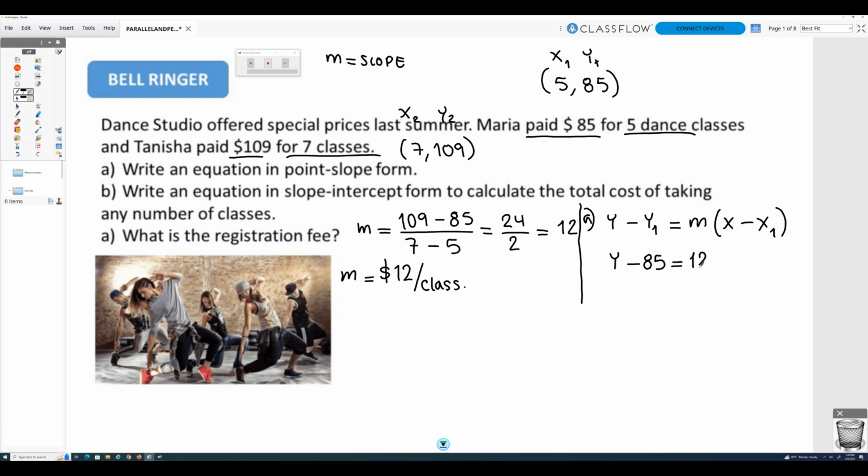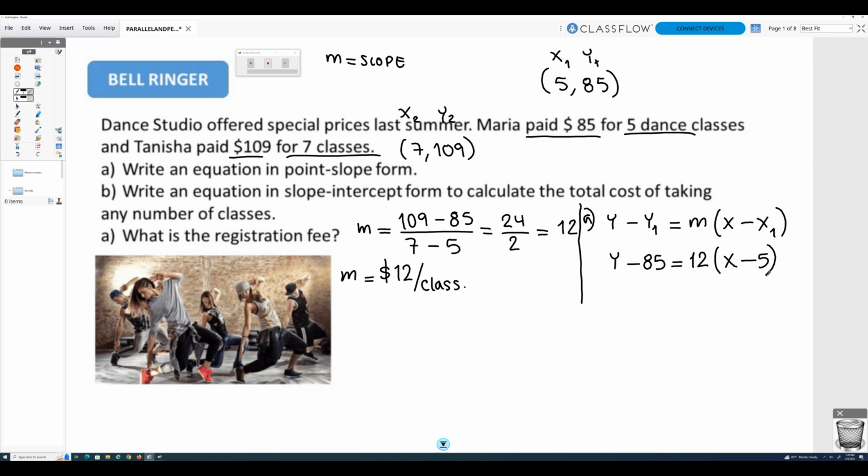The slope is 12. 5 is x sub 1. This is the point-slope form.